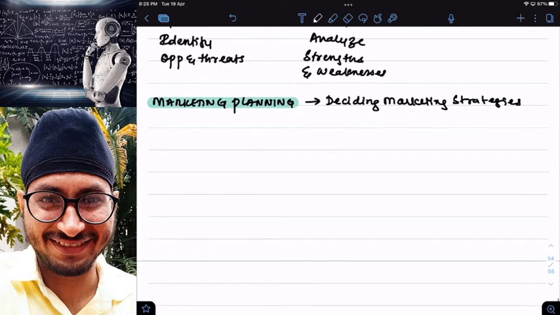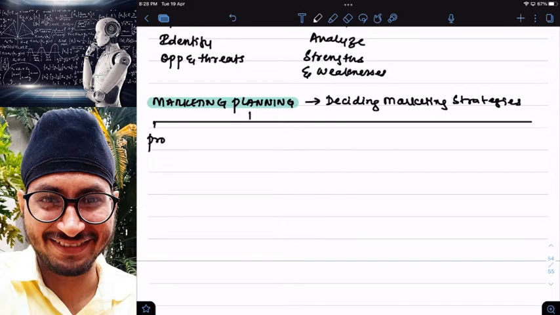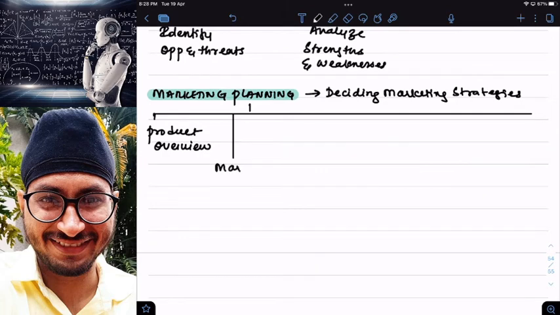Now, there are many points that you have to keep in mind before preparing a marketing plan. What are those? Number one, product overview, a description of the product. Next, marketing budget. Then threats and opportunities.